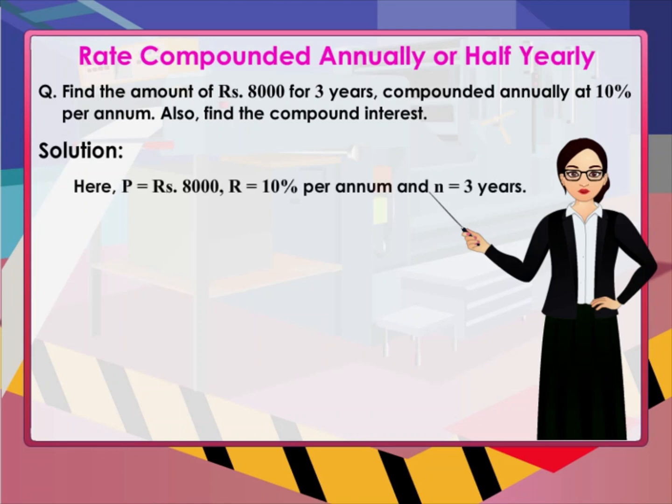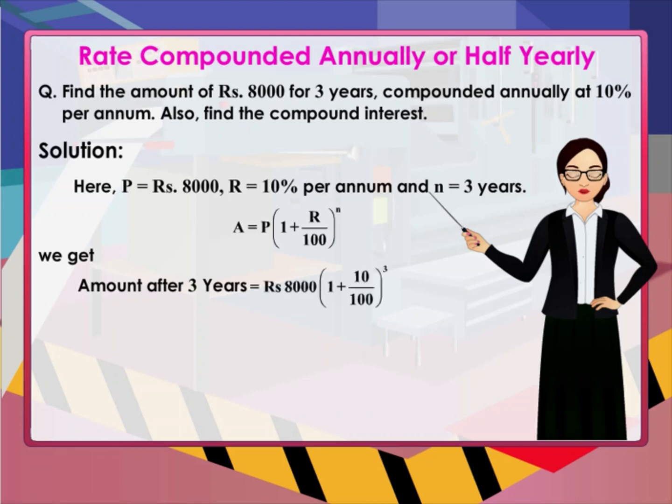Here, P is equal to rupees 8,000. R is equal to 10% per annum. N is equal to 3 years. Using the formula A is equal to P into 1 plus R by 100, the whole power N, we get amount after 3 years is equal to rupees 8,000 into 1 plus 10 by 100, the whole power 3.